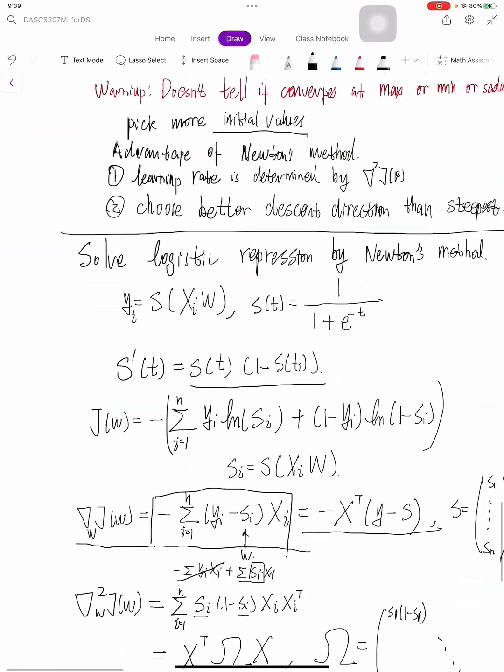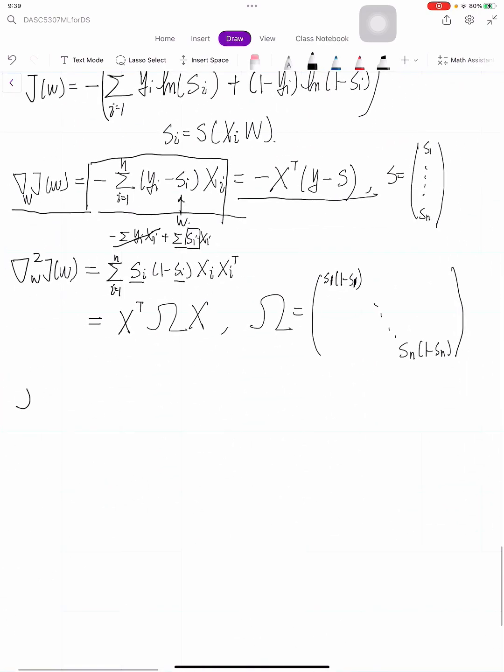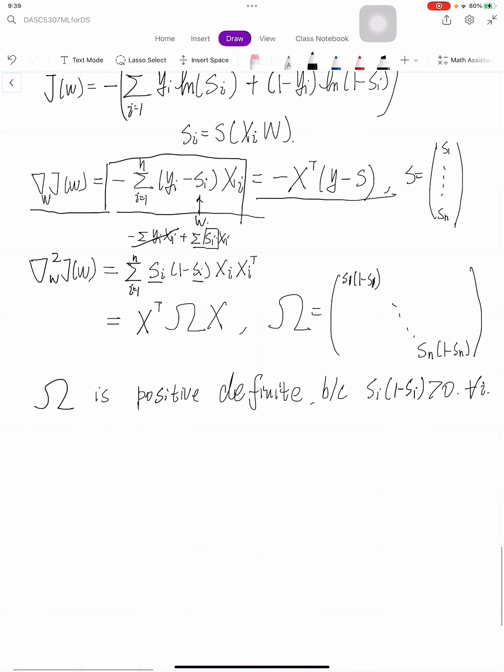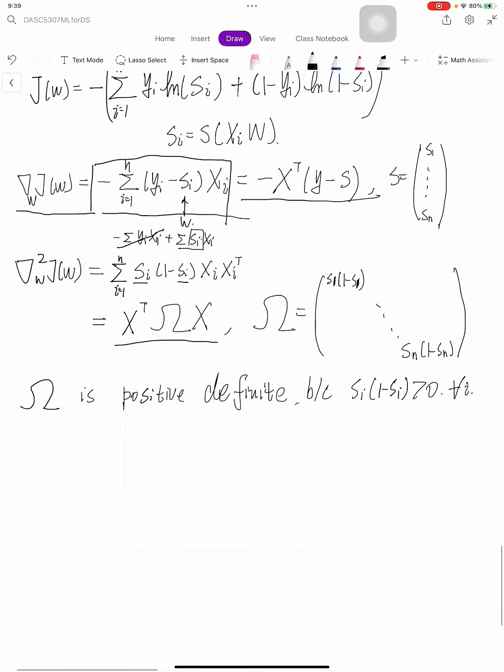Actually, one property is that this Omega matrix is positive definite, because each s_i times 1 minus s_i is greater than 0 for all i. Recall in the last lecture we talked about quadratic forms, right?